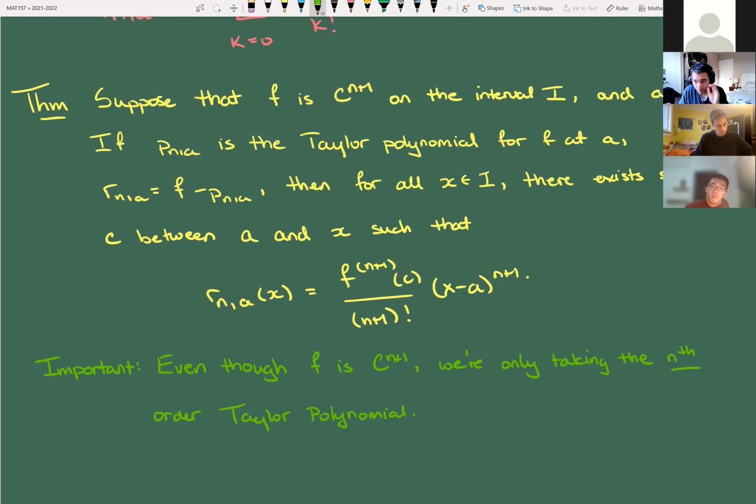Even though, because you're class C^(n+1), we know there is a Taylor polynomial of order n+1, what this theorem is saying is that if you want that Taylor polynomial to be a good approximation, you need to just take the nth order polynomial. So if you take the maximum differentiability of your function f, you have to use one less order of Taylor polynomial in order for it to be a good approximation. That's really, really critical here.